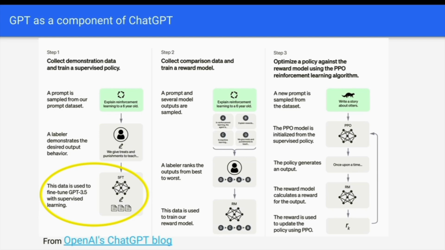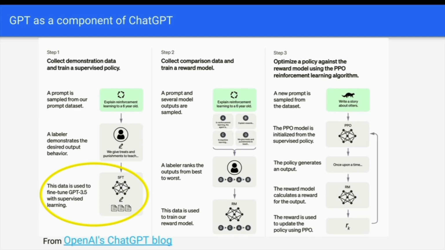They basically have a person or a collection of people, probably a lot of people, demonstrate the sort of output that one would want to see for certain prompts. They're trying to make it more adapted to question answering, and giving the kind of responses that a labeler would give. So they're probably building in some bias here to however these labelers like to structure information. But anyway, it's really interesting.